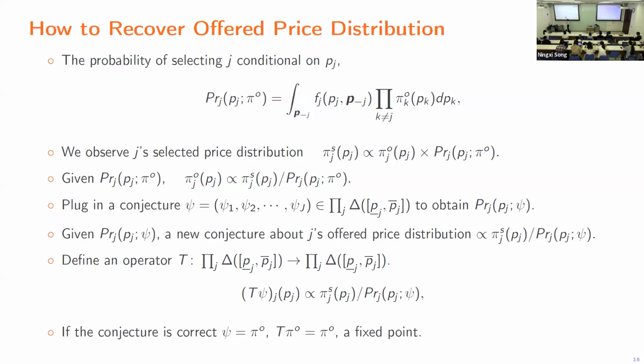Once I plug in the correct conjecture, the object on the left would be the true offer price distribution. Which means the offer price distribution is a fixed point of this operator. What remains to be shown is that this operator is a contraction in the functional space.